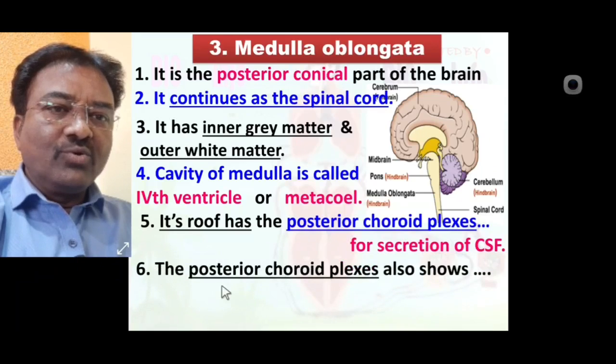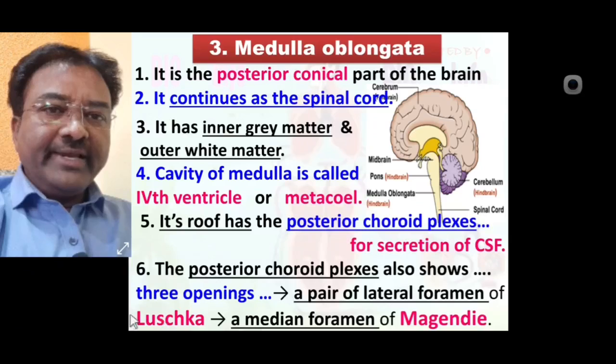The posterior choroid plexus also shows three openings.